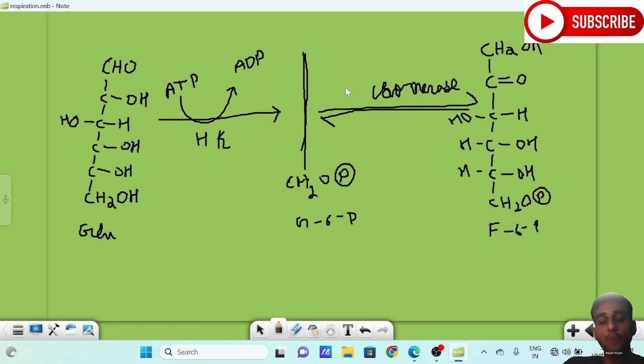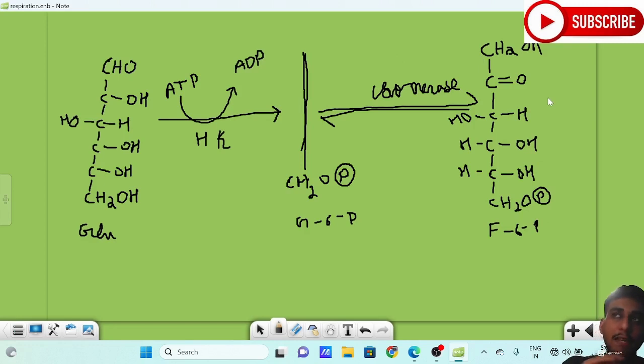What does an isomerase enzyme do? It just converts one form of a molecule to its isomer. Keto form into aldose form, aldose form into ketose form. Here the enzyme's name is phosphoglucoisomerase.